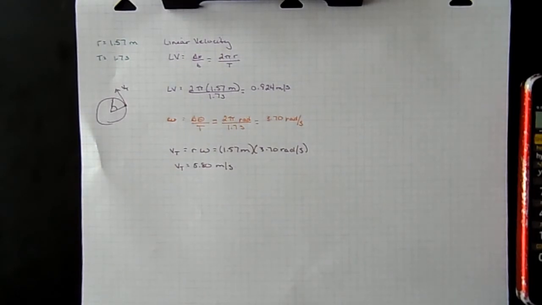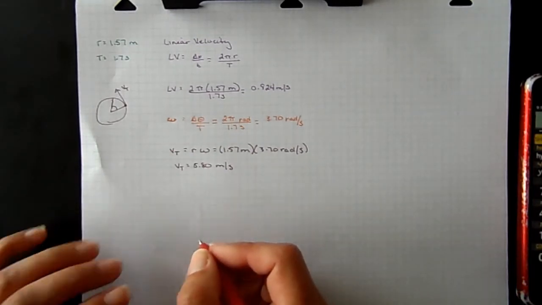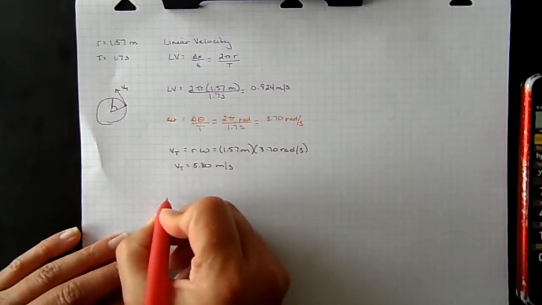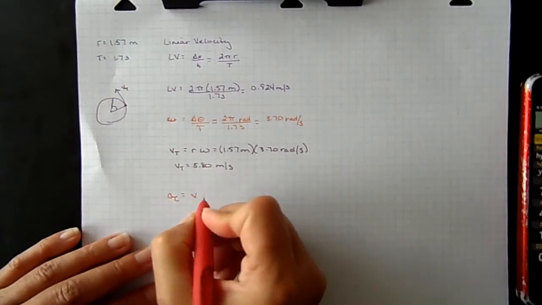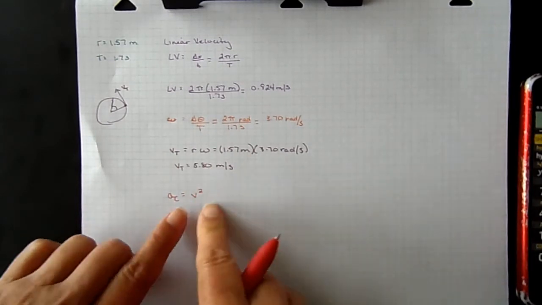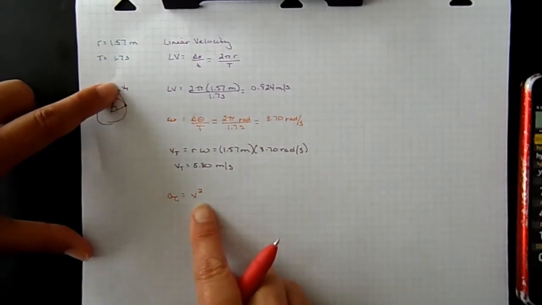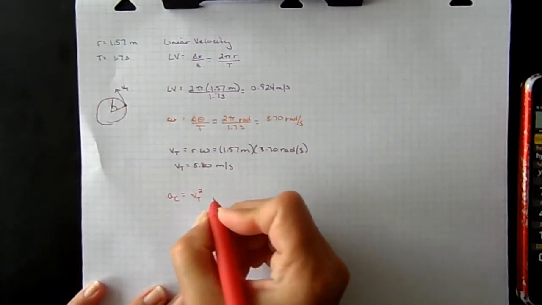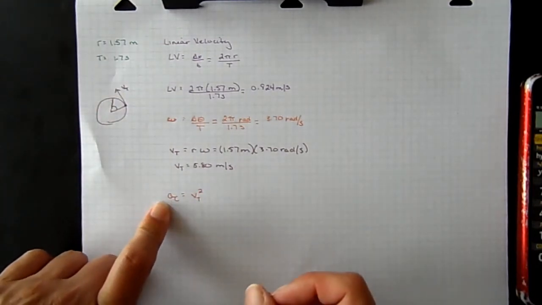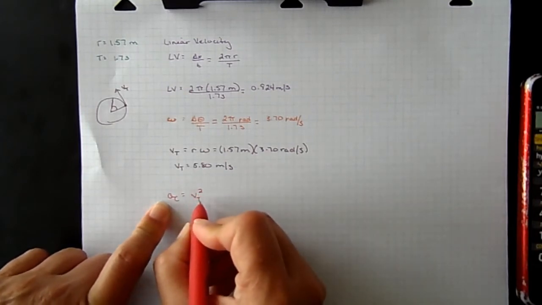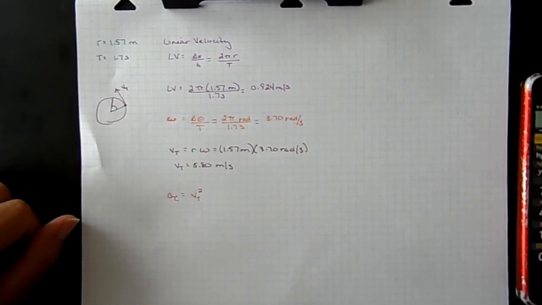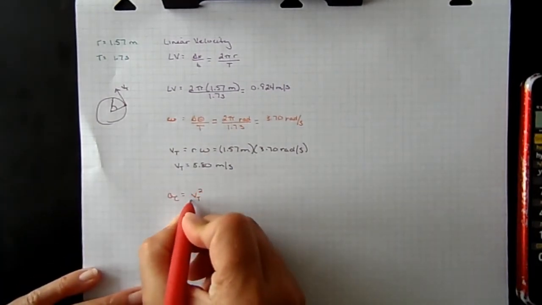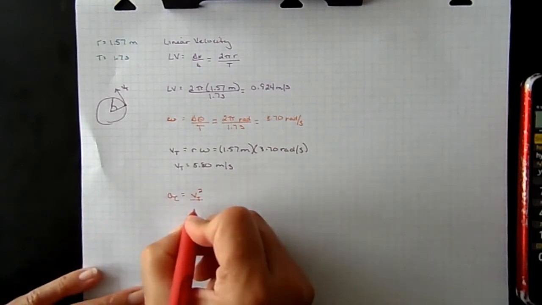Now the next thing it asks us to find is the centripetal acceleration. So centripetal acceleration, remember from our last unit, is going to be the velocity squared. And this velocity is actually going to be this tangential velocity. So centripetal acceleration is the tangential velocity squared divided by the radius.